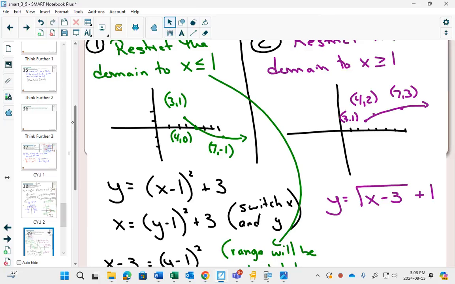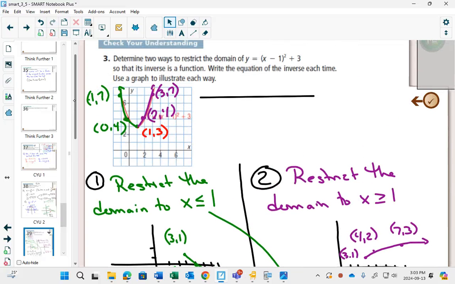Okay. I'm gonna ask you this question on quizzes, I'm gonna ask you this question on tests. One of the things that I find people get confused about is this: what does it mean to restrict the domain? Okay? Restricting the domain is doing something on the original graph. You're taking the original graph and you're only taking part of it. On the exam, I've never seen this question asked on any other function other than a parabola.